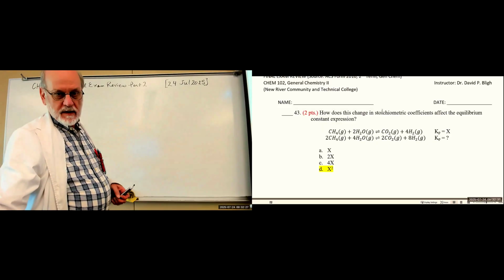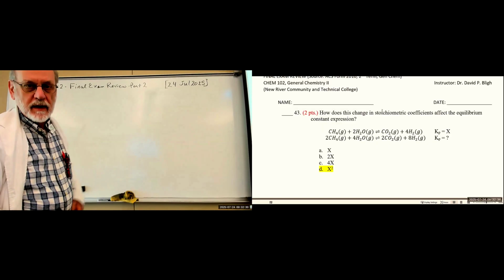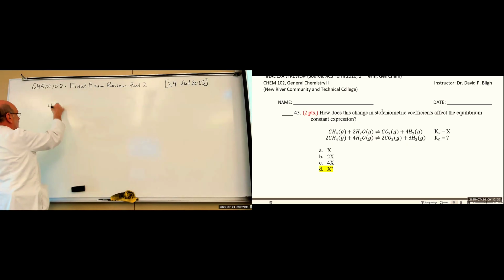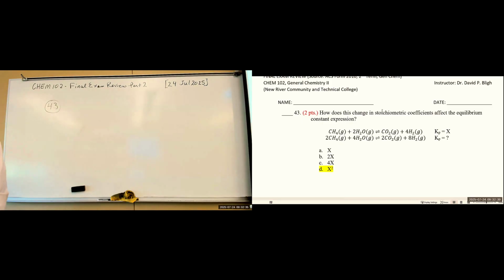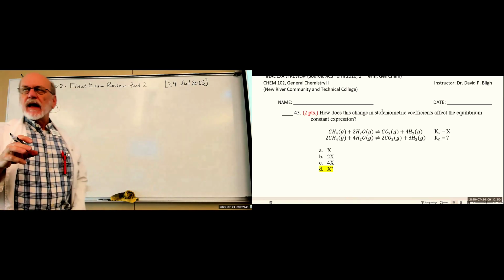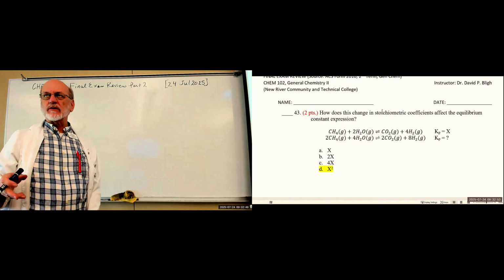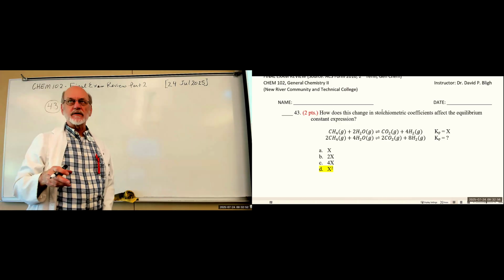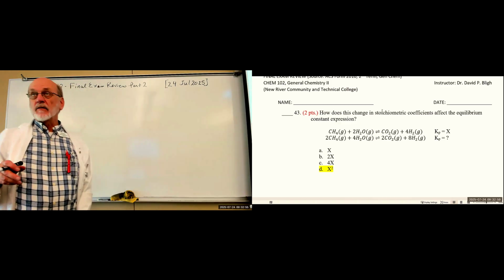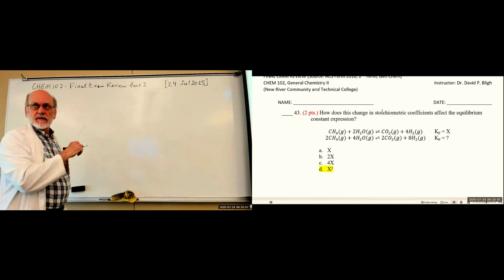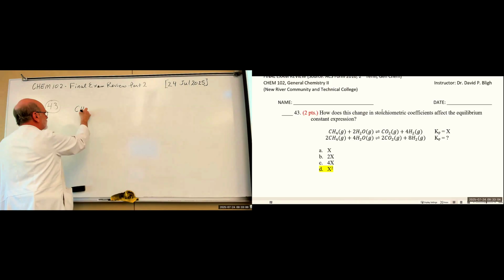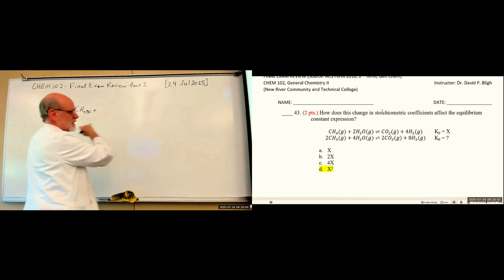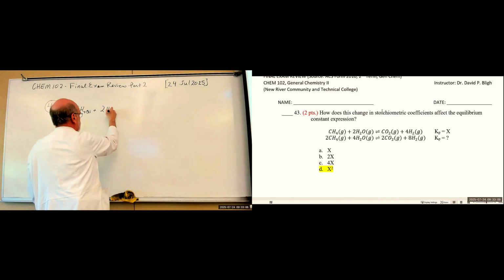All right. Scroll to the next one. 43. Okay. How does this change in stoichiometric coefficients affect the equilibrium constant expression? Right. Well, let's see. We start off with methane, which is a gas, and we have two waters added to it.